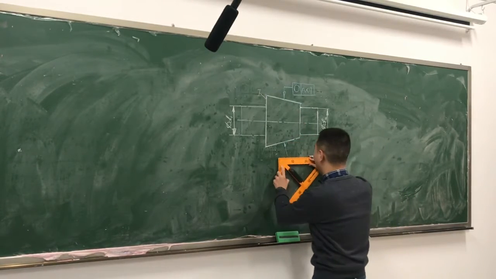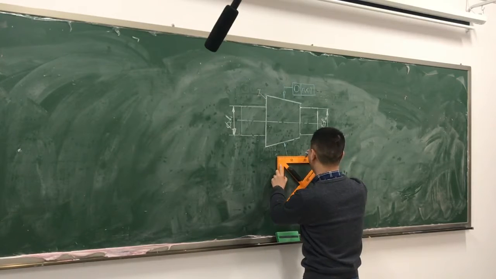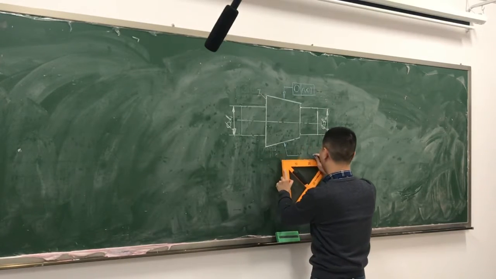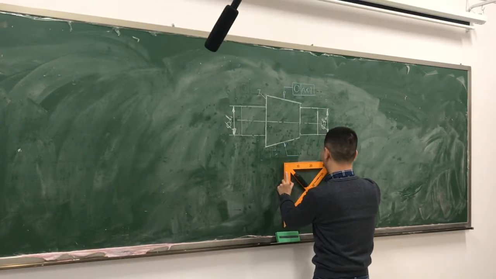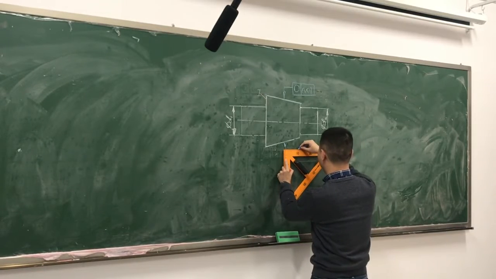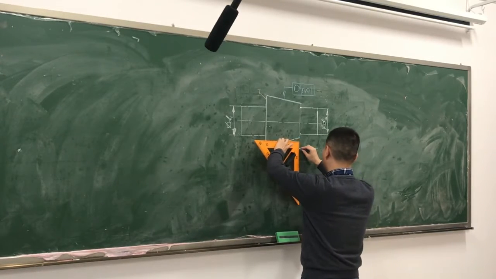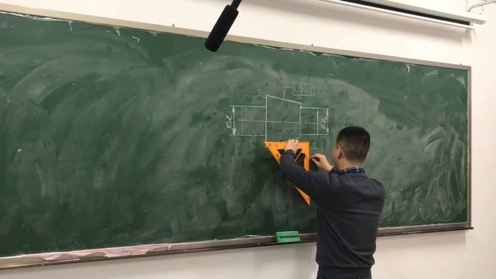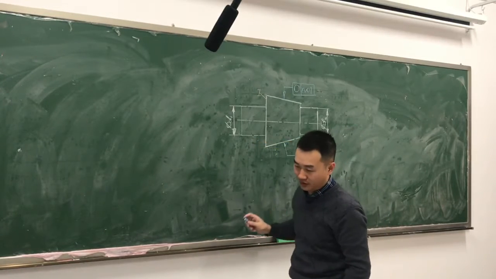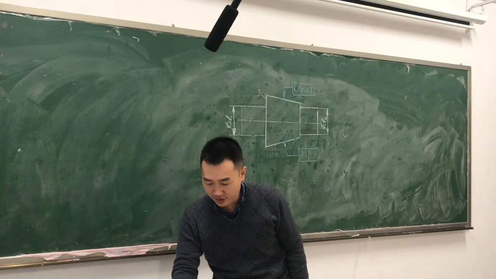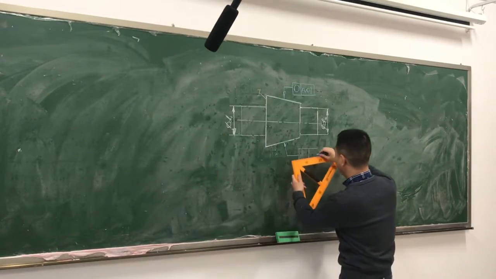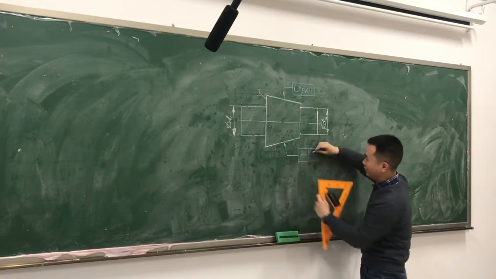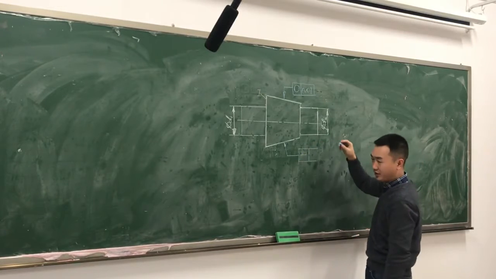And then labeling the tolerance frame. The tolerance characteristic symbol is just a line. Straightness, this is the symbol.